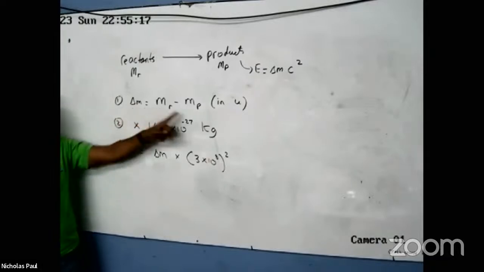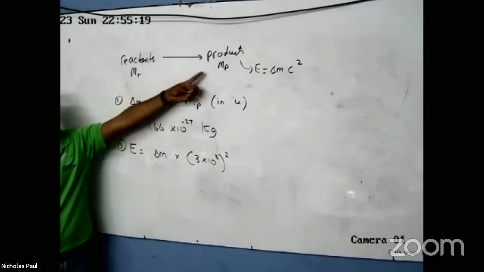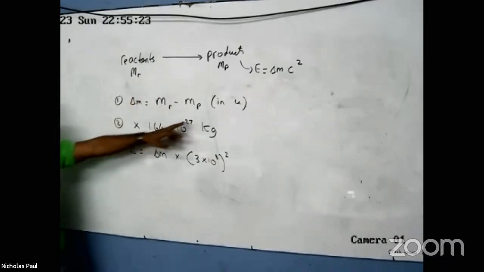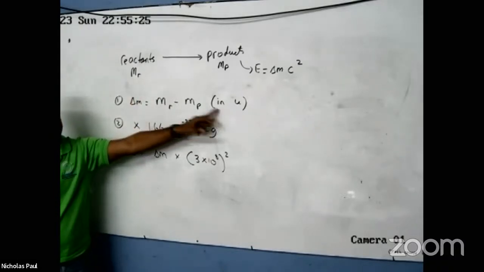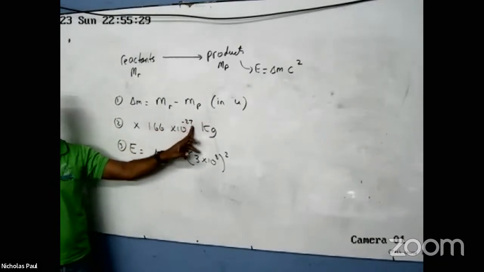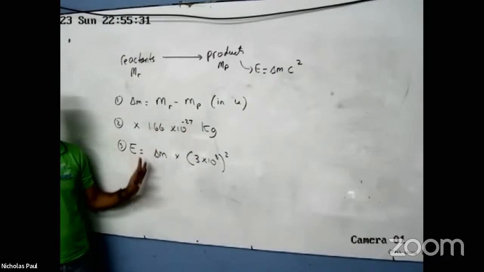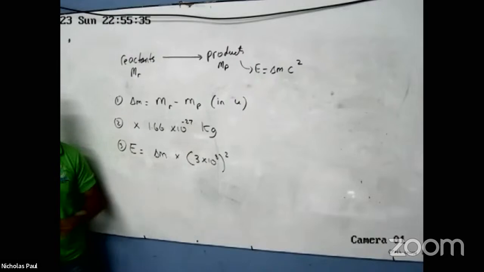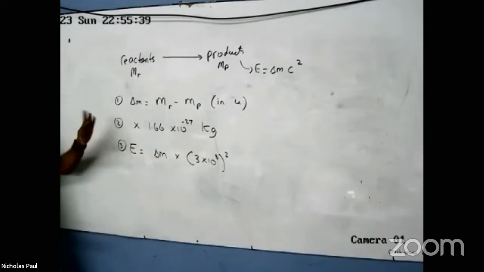You find the change in mass, so you add up everything here, and minus them. Should be a small value. If the value is in atomic mass, multiply it by 1.66 by 10 to the minus 27. Then multiply it by 3 by 10 to the 8 squared. And that will give you the energy. Okay? This is the energy given off during those nuclear reactions.